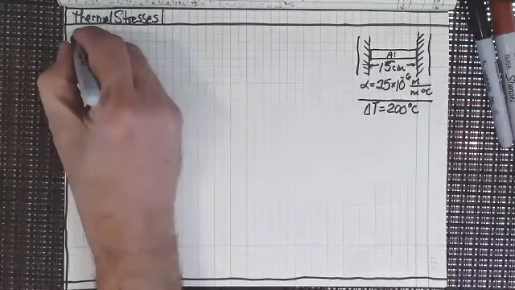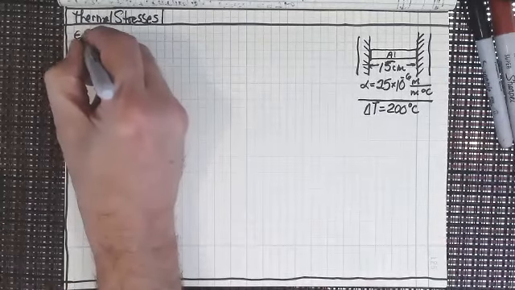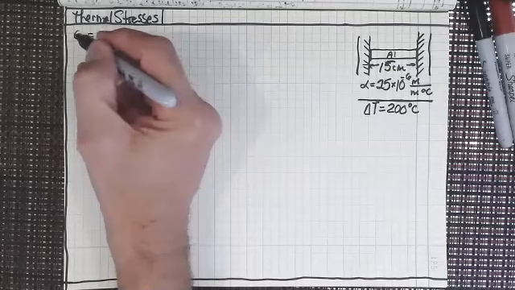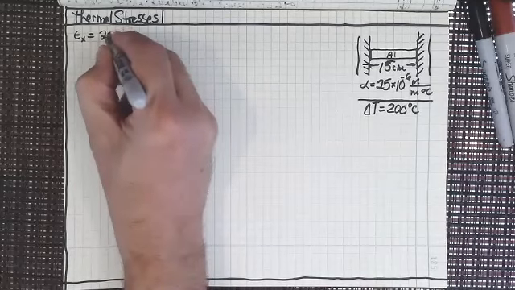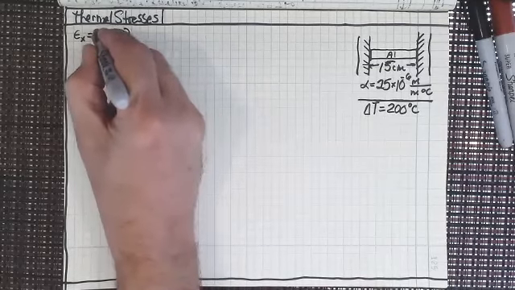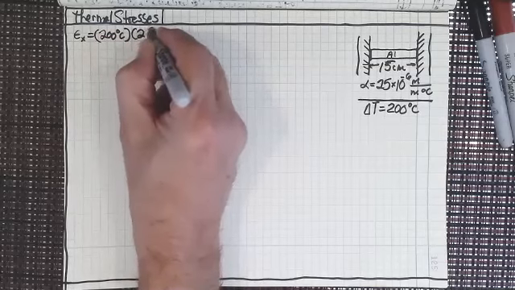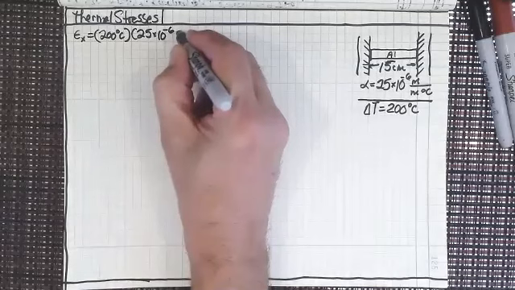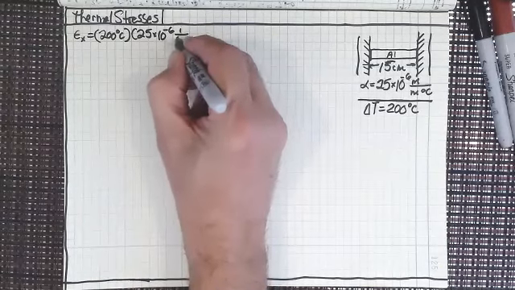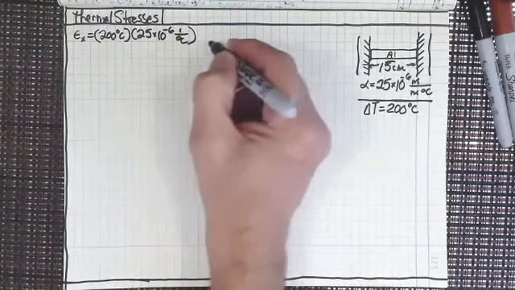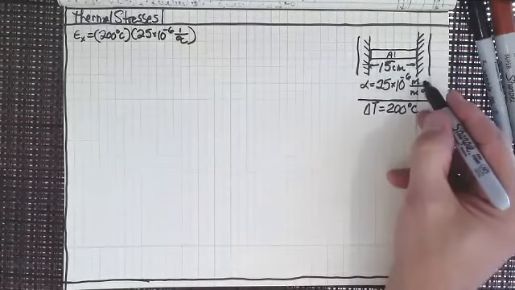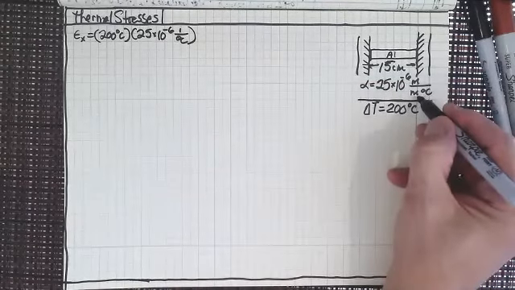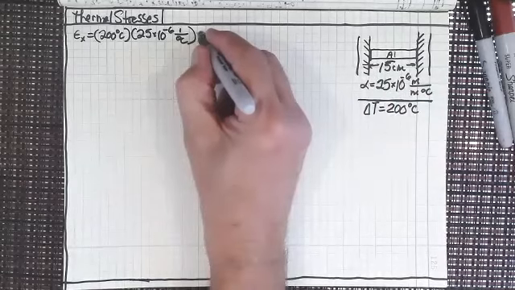All right, so what we know is that the strain in the x direction is going to be 200 degrees Celsius times 25 times 10 to the minus 6 per degree Celsius. It's really meters per meter, extension over original length. That's what it originally was, right?